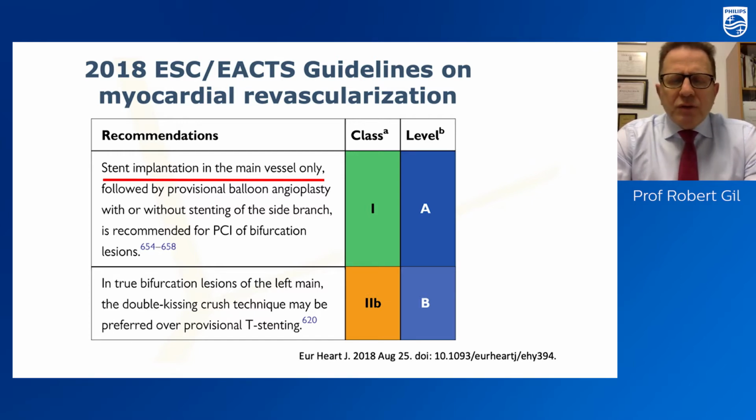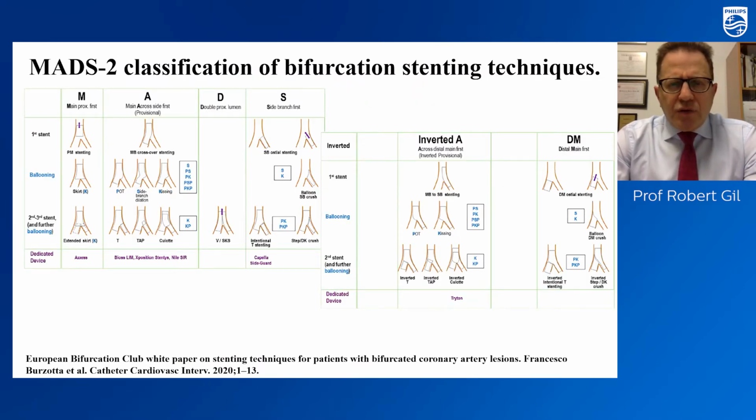There's also a second very important issue, that in terms of true bifurcation lesions of the left main, the double kissing crush technique may be preferred over provisional T-stenting. We will come back to this issue a little bit later.